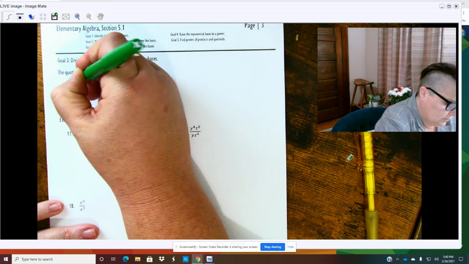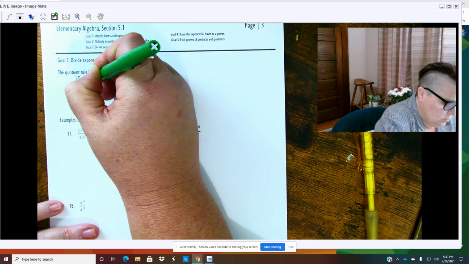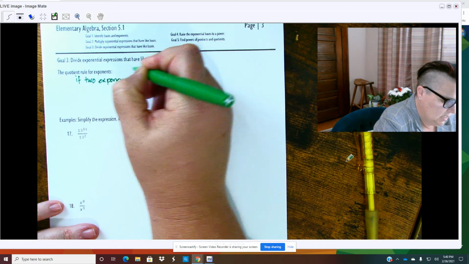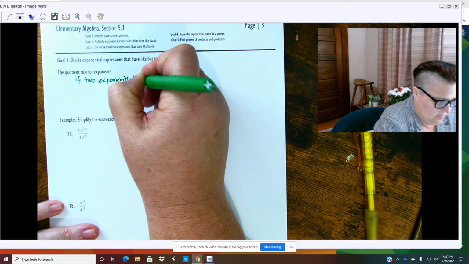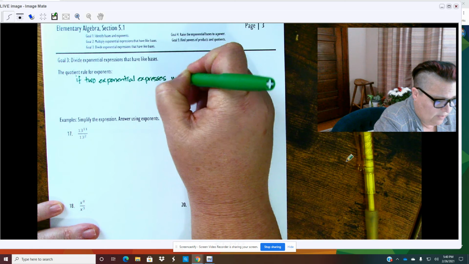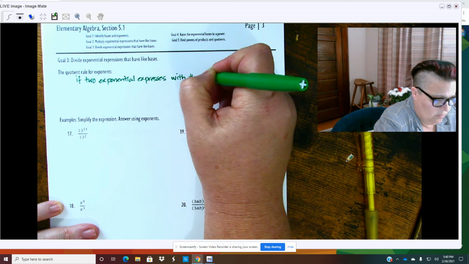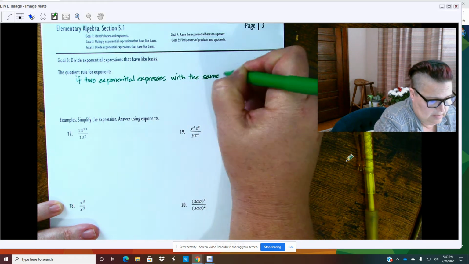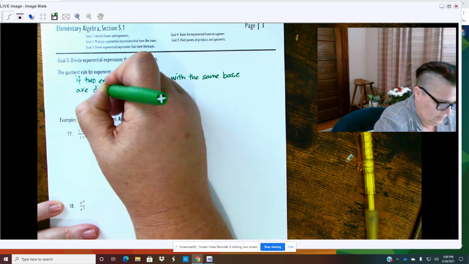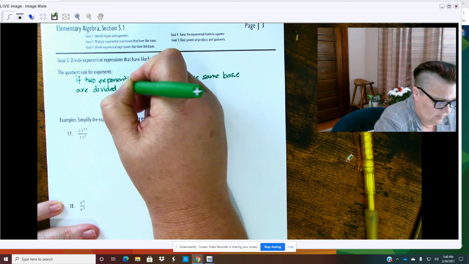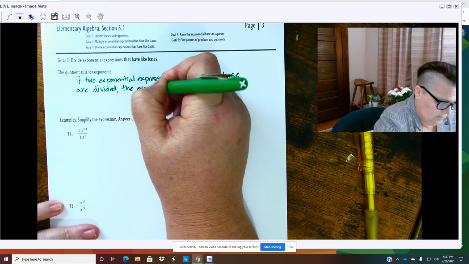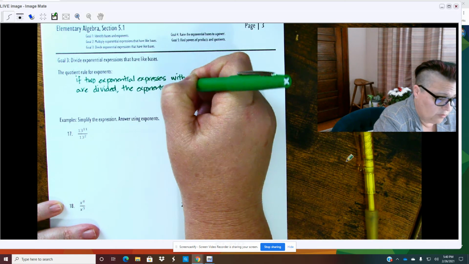So, if two exponential expressions with the same base are divided, those exponents can be subtracted.